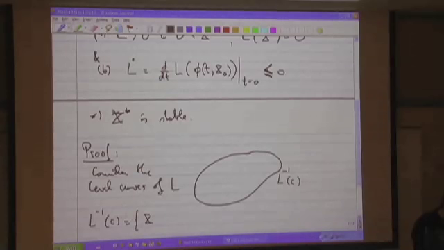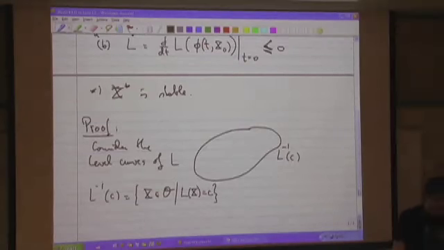It's basically points in the neighborhood where the Lyapunov function is defined, such that L of x is C. Okay, it takes a value C.